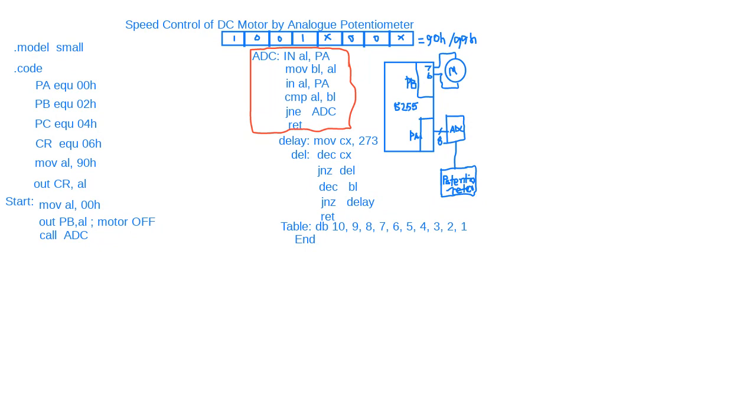Now call ADC. So now our ADC data is in the AL register. This data we have to scale down. Scale it down by what? In the algorithm, what is the scale down? I think 13, divided by 13. Move BL, comma, 13.